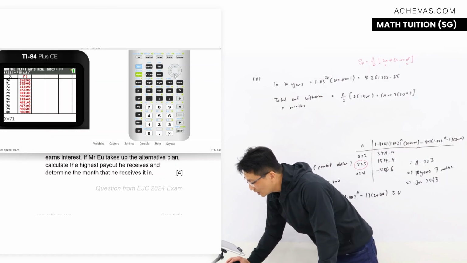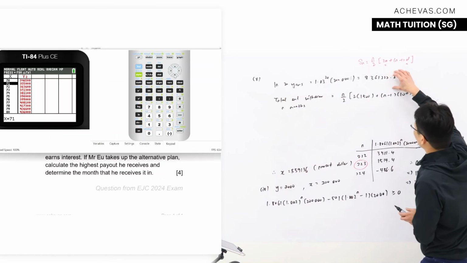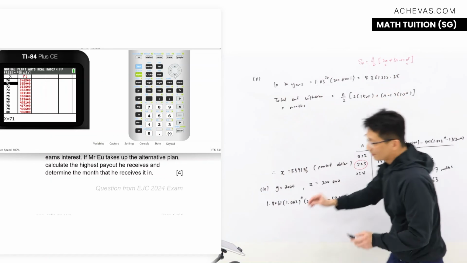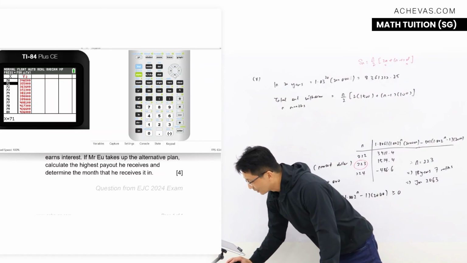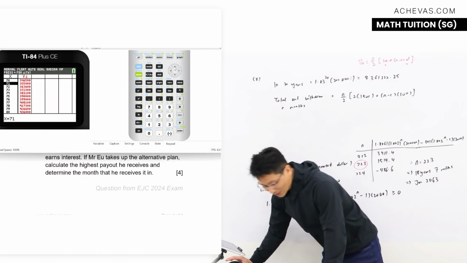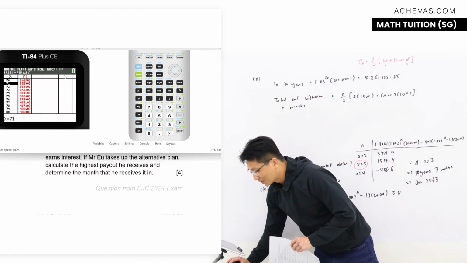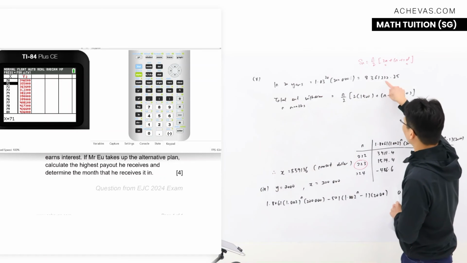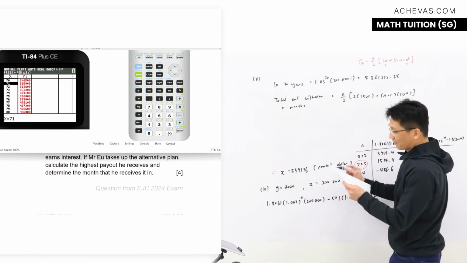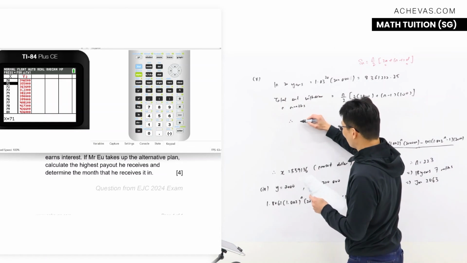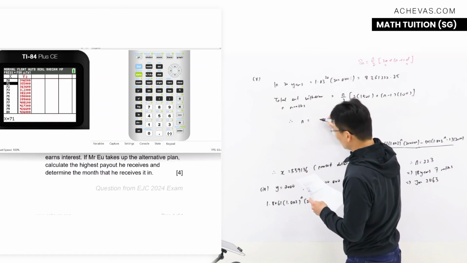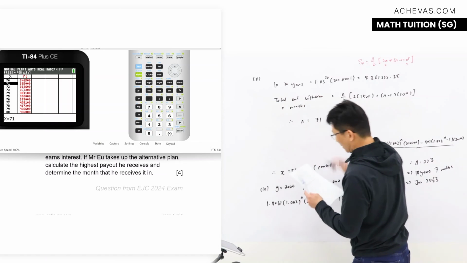So it's somewhere nearby the total amount that I have, like 361K. So I can see 71 is the answer that I want, because if it's 72, it will be exceeding the amount I have already. So therefore, n should be equal to 71.